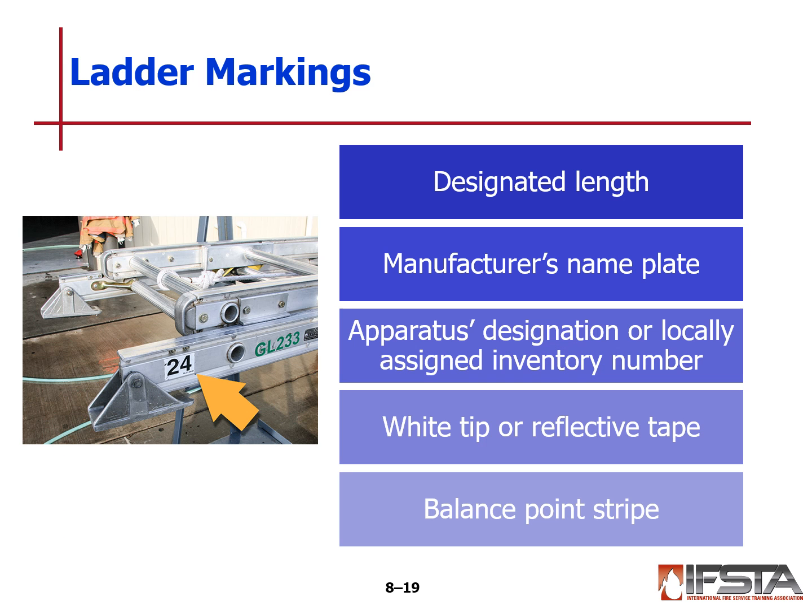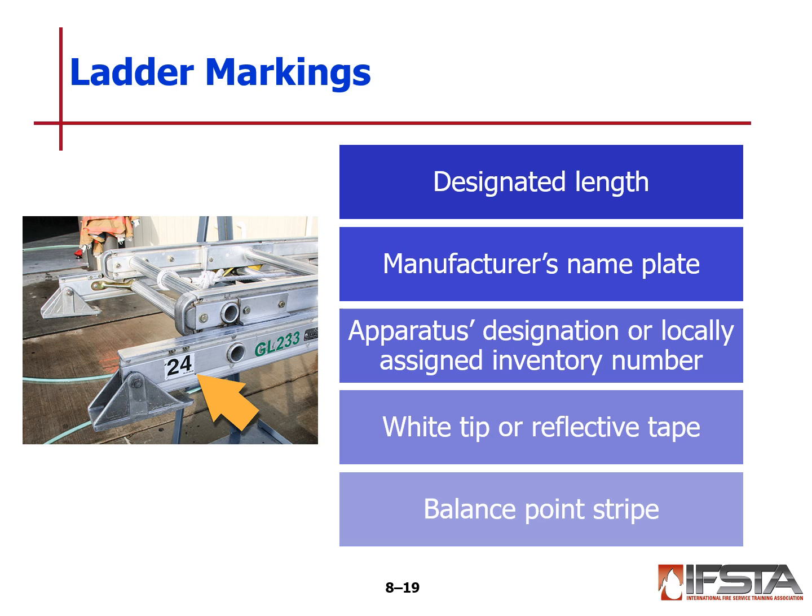Ladder markings: the designated length and number should be on each end of your ladder. You may see a manufacturer's nameplate. Apparatus-designated or locally assigned inventory numbers may also be visible on the ladder. White tip or some type of reflective tape is common near the tip.